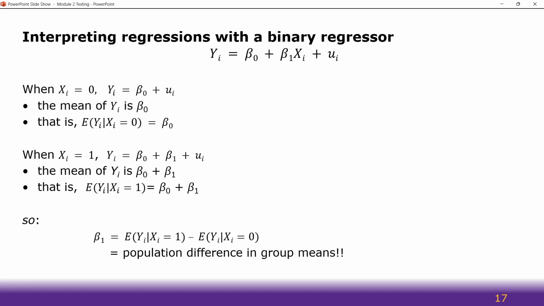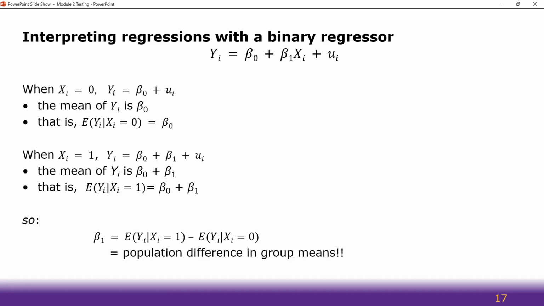When xi is equal to 1, yi is equal to beta 0 plus beta 1 plus an error term, because xi equals 1, so the beta 1 doesn't drop out, and you can write it more simply this way. Then the expected value is beta 0 plus beta 1. So when I estimate the model, I'm going to have an expected value of beta 0 plus beta 1 where xi is equal to 1, and an expected value of simply beta 0 where xi is equal to 0.